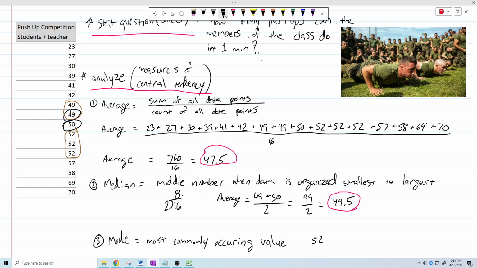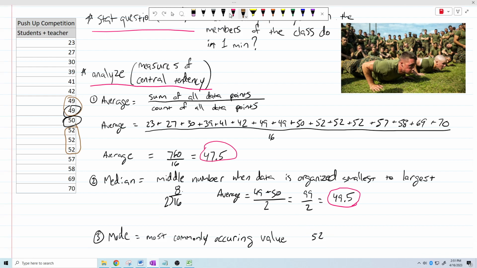Now, what if there was no most? What if there was no most at all, and in fact, there were only 2 occurrences of 52 and 2 occurrences of 49? Well, if that were the case, hypothetically speaking, then your mode would actually be 2 numbers, 49 and 52.